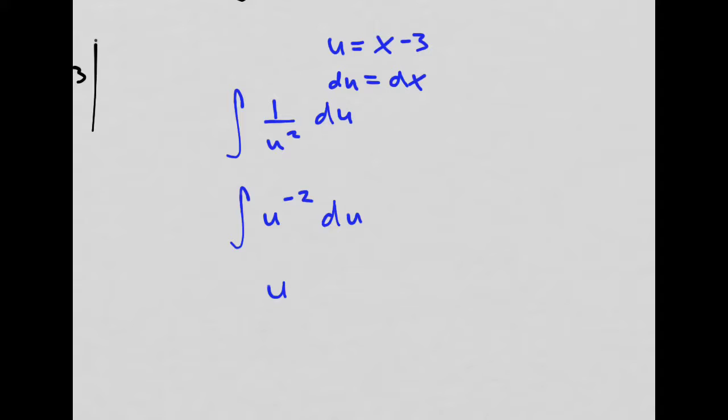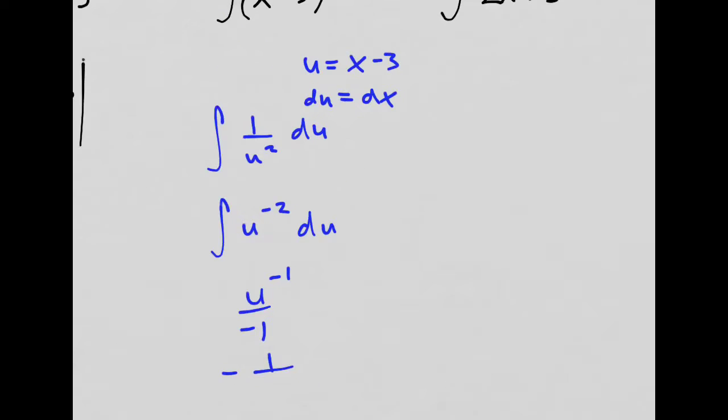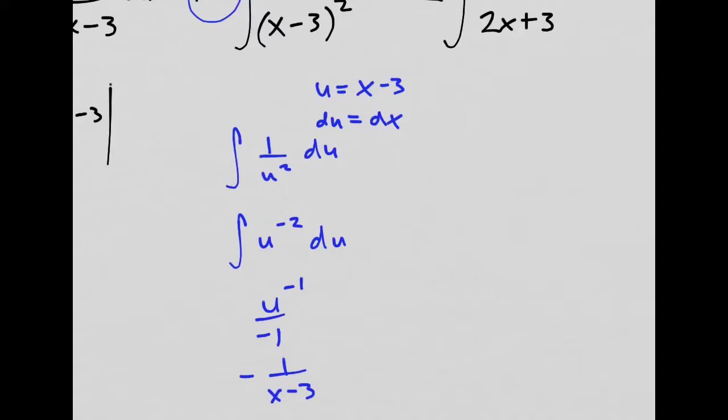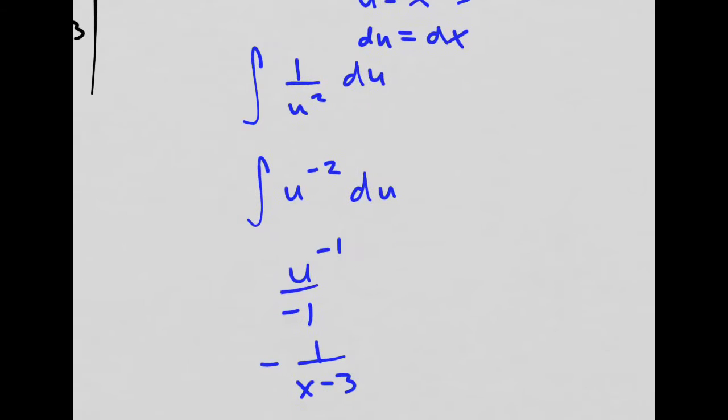Oh, this is easy. U to the negative 2, I can just use the normal rules for antiderivatives. So I add 1, that would be u to the negative 1, divided by negative 1. So that's really negative, I'm going to put this back down, 1 over x minus 3 to the 1 power now. And I also have to remember that I had that plus 3.